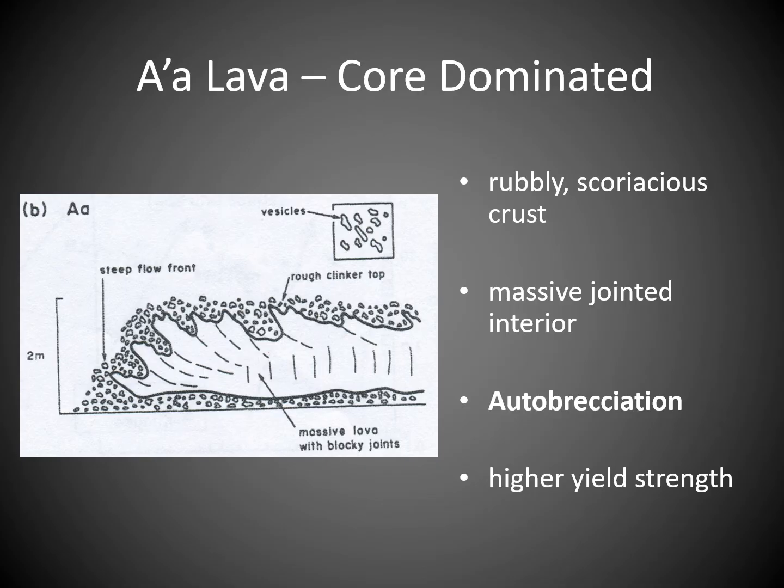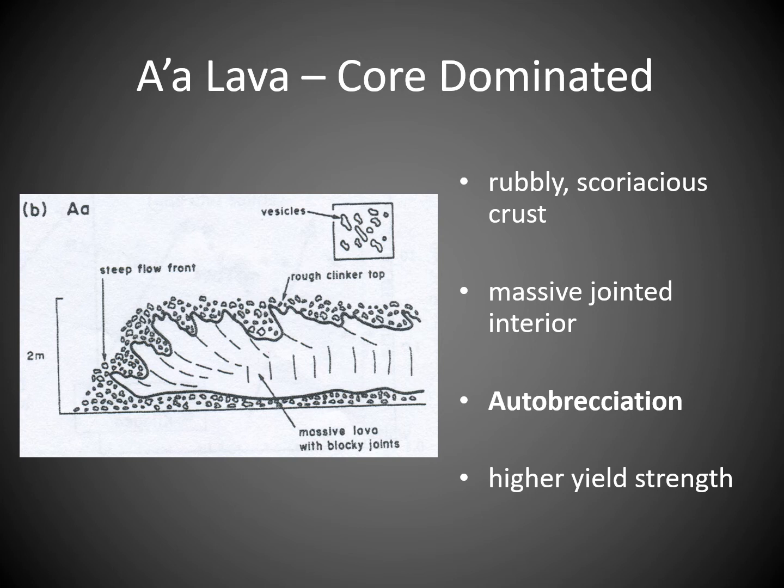Core dominated flows, you don't get the nice flow surfaces because the interior is moving so rapidly and breaking the crust up so thick, so quickly that you don't get massive sections of crust that can then be deformed plastically. So what you end up with is sort of a rubbly, blocky, scoriaceous crust that gets pushed off and broken, and then the lava flow itself just sort of rolls over the top of it.